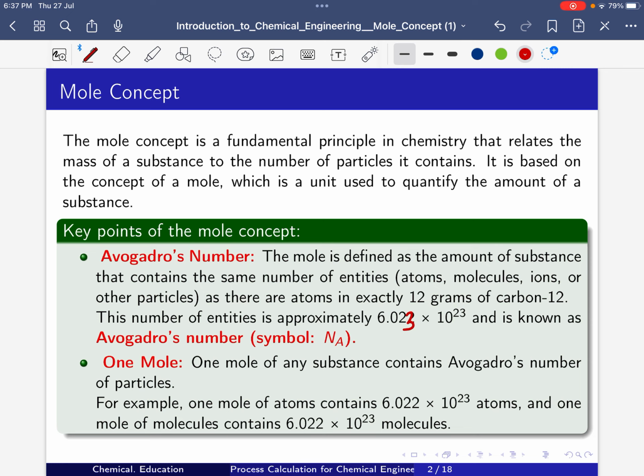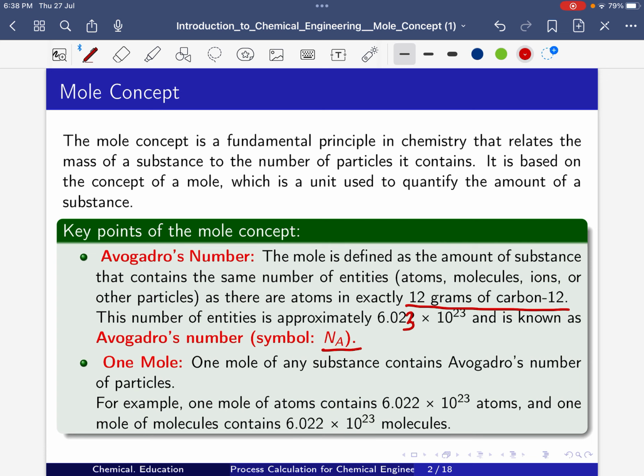It means 12 grams of carbon-12 has 6.023 × 10^23 entities. So 6.023 × 10^23 is Avogadro's number, and its symbol is Na.